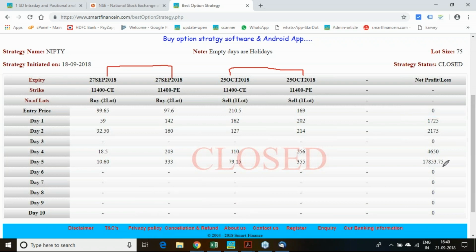If I look at today's value, which I have taken just a few minutes before the closing, the strategy has gone to a 17,800 profit. Much above it has gone. And at every day end, day 1 end it was at a profit, day 2 end it was a profit, day 4 end also it was at a profit, and day 5 today it has also given a bigger profit.